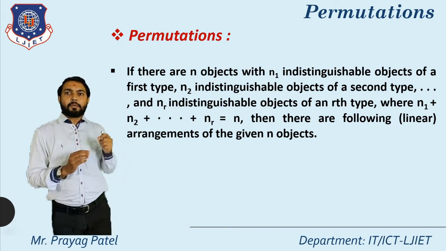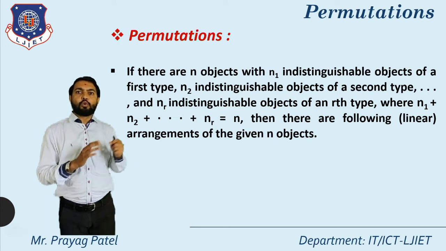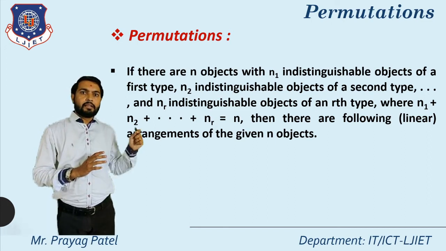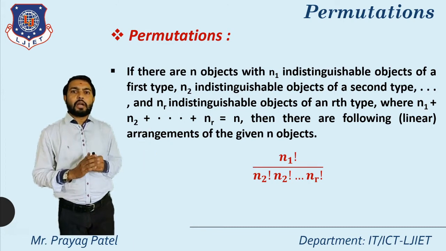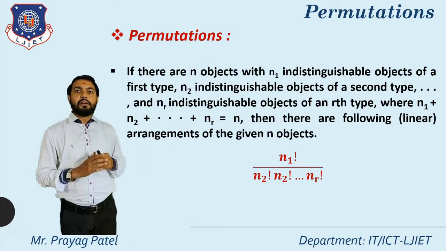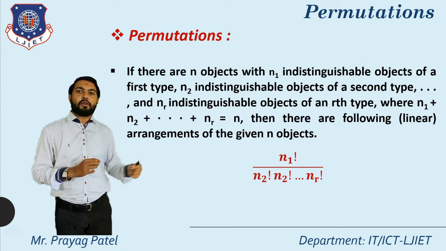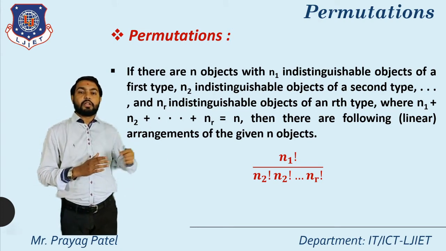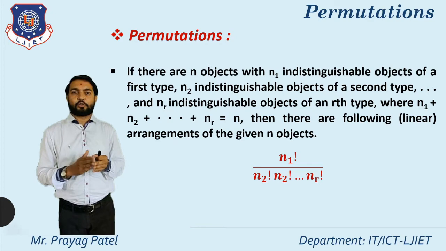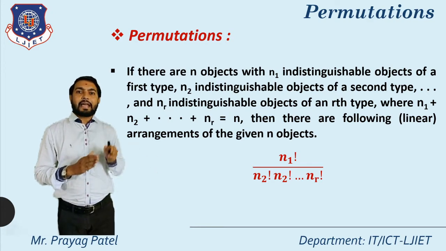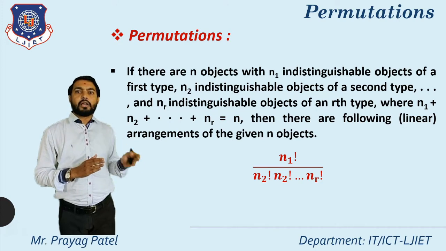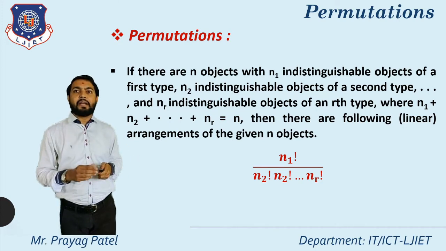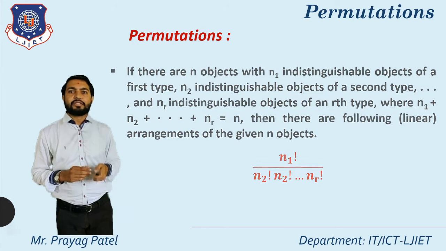So n1 plus n2 up to nr equals the total n. Then the number of arrangements is n factorial divided by n1 factorial, n2 factorial up to nr factorial. Here the upper side is n factorial and the lower side is n1 factorial, n2 factorial up to nr factorial. This is the common formula for finding the permutations for a given sequence.